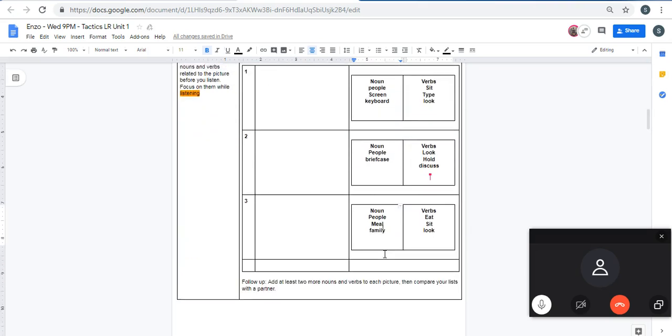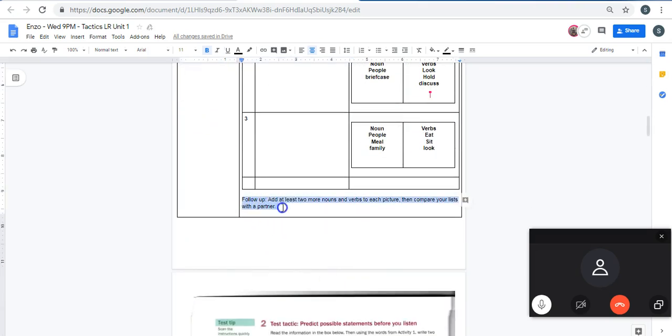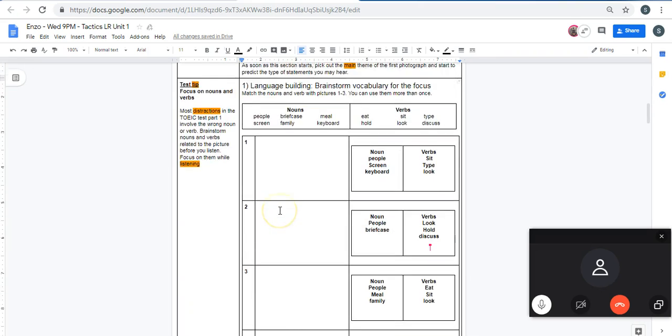And then it says here at the bottom, can you read it? Follow up. Add at least two more nouns and verbs to each picture. Then compare your lists with a partner.